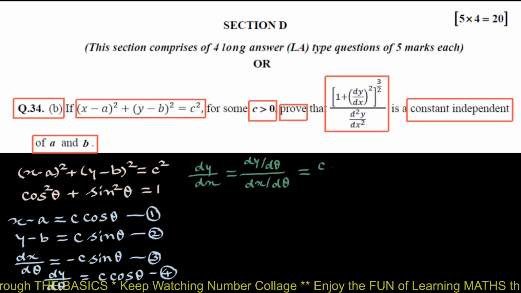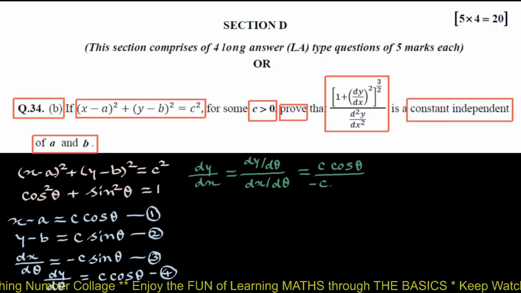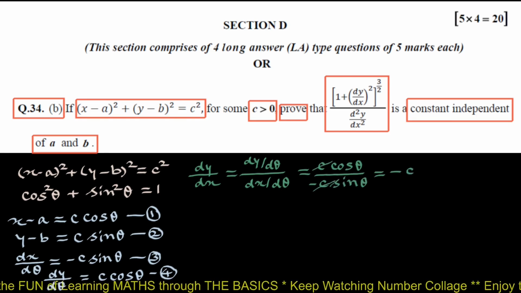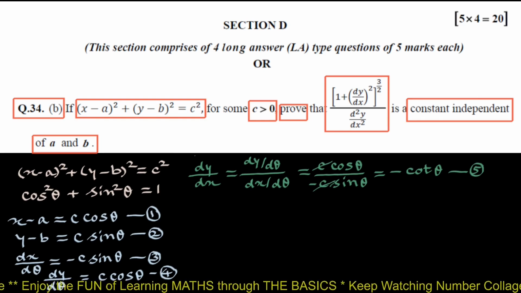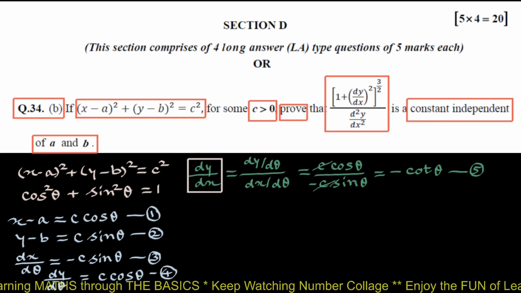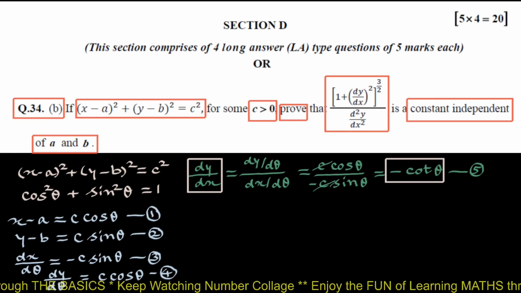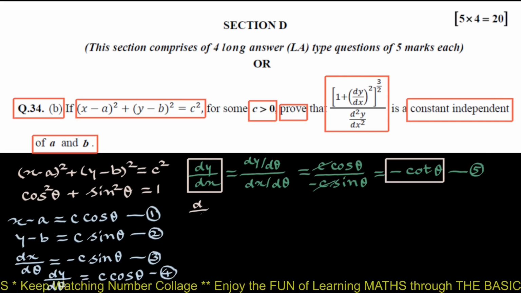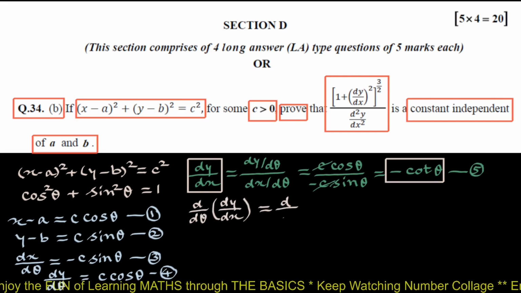From 4 and 3, this will be c cos theta upon minus c sin theta, which is minus cot theta. We name this 5. Now we will differentiate both sides of dy/dx equals minus cot theta with respect to theta. That gives d/d theta of dy/dx equals d/d theta of minus cot theta.